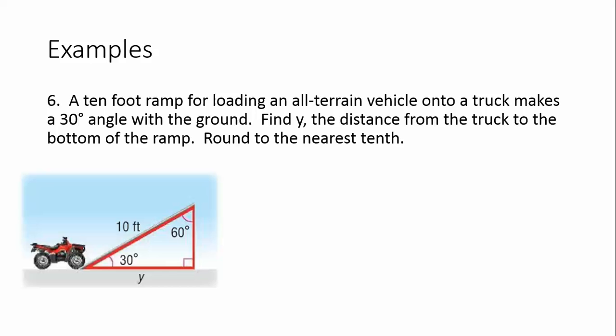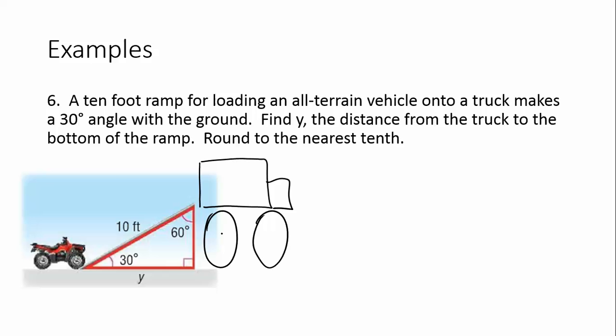So we have a truck here that's going to load up, give it really big tires because that's a pretty tall ramp. We have a truck here, and we're going to load the ATV onto the truck. We'll call it ATV Moving Company.